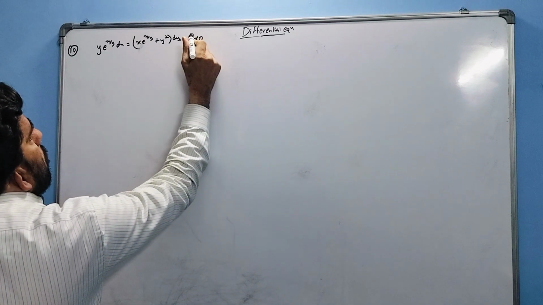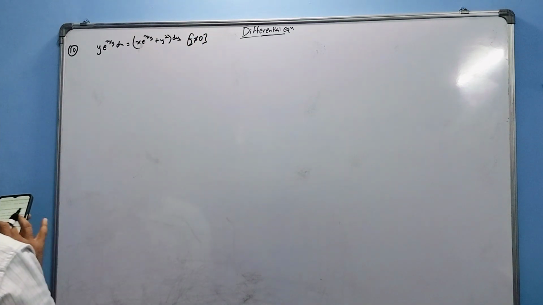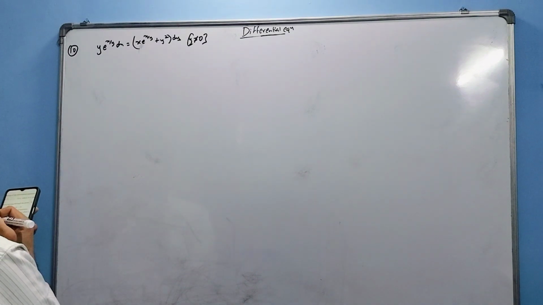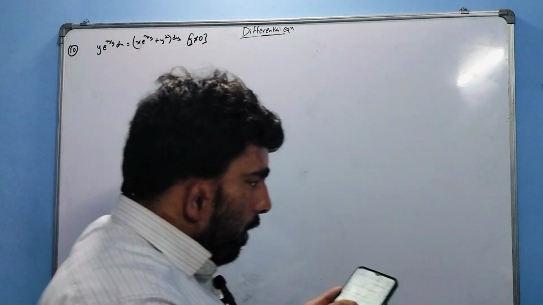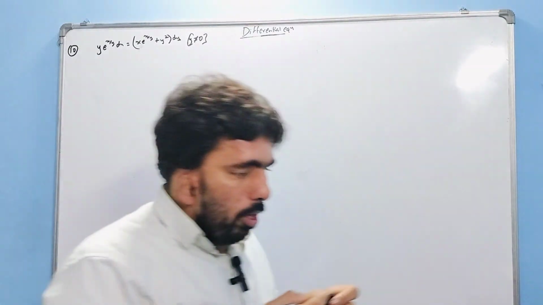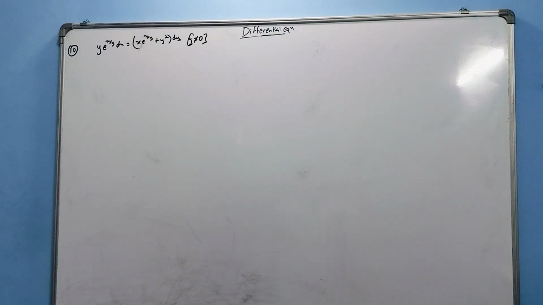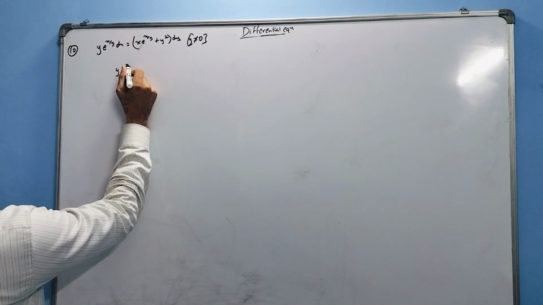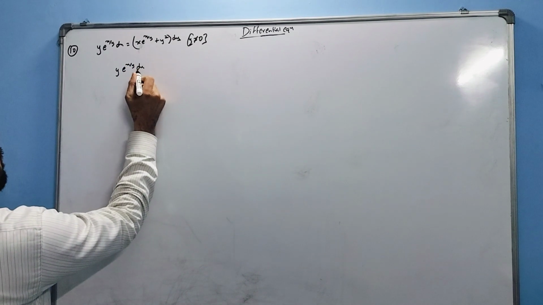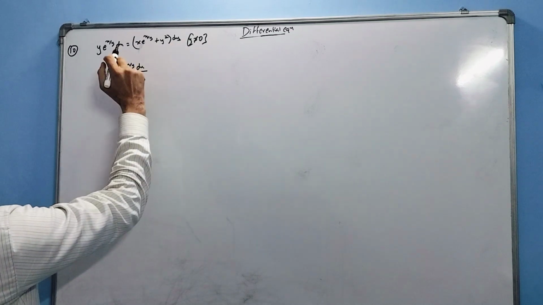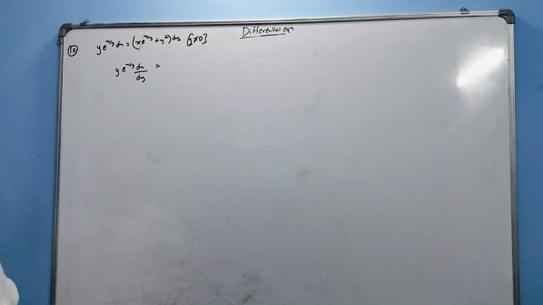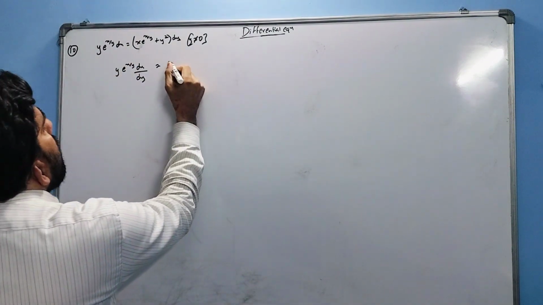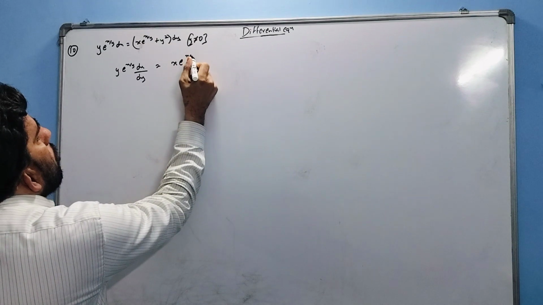Okay, so what we have to do is solve this differential equation. Okay, they have given this. So let us try to solve it. Now we'll write y e raised power x upon y dx upon dy, equal to x e raised power x upon y plus y square.